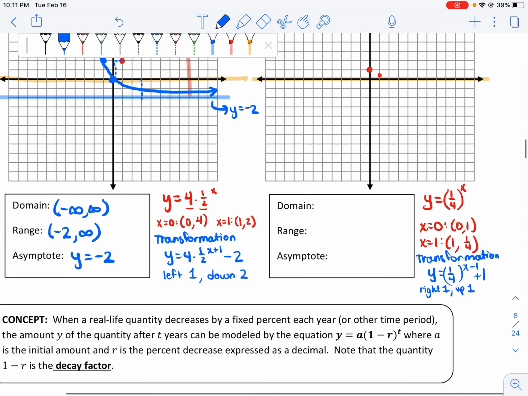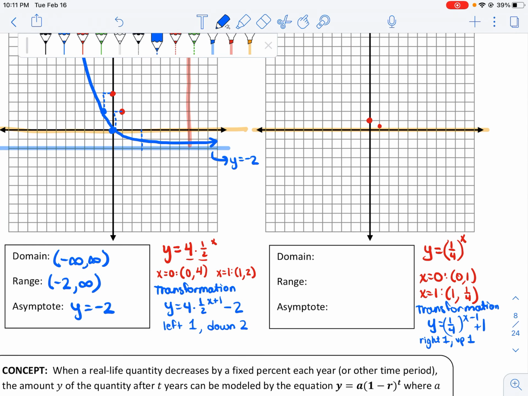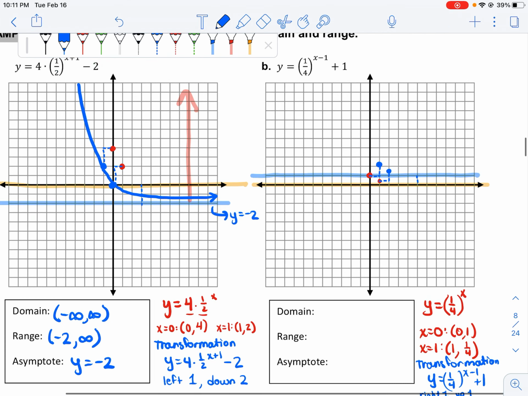So we go right 1, up 1, right 1, up 1. This one's a little funny because it goes past that point, so be a little careful there. And then don't forget the asymptote also goes up 1. So our new asymptote is right here, and starting from the asymptote backwards up, we go like this.